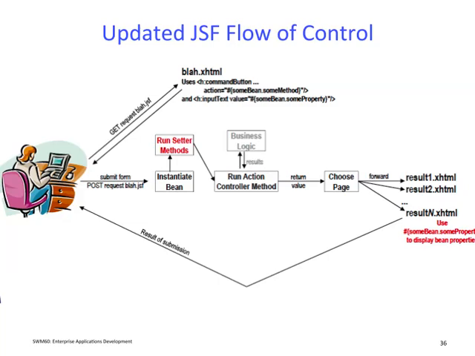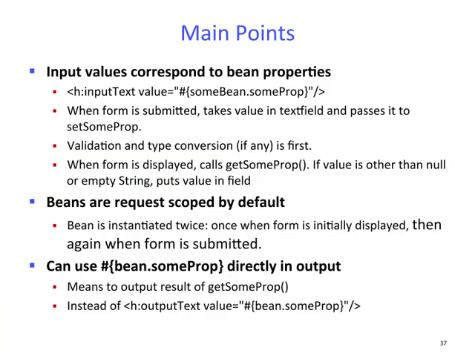The input values correspond to the properties of the bean. So in the input text element, we say the bean class and some property or method of that class, and the value will go into the input object. When the form is submitted, the value is taken from the text field and supplied to the associated property.